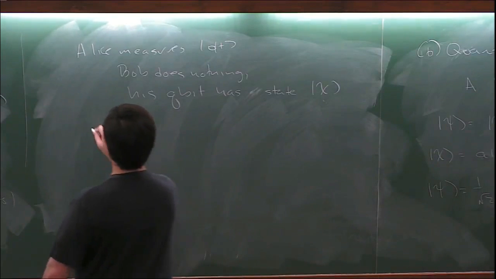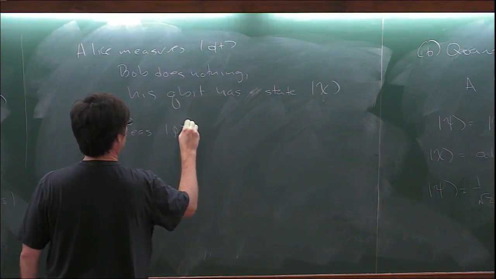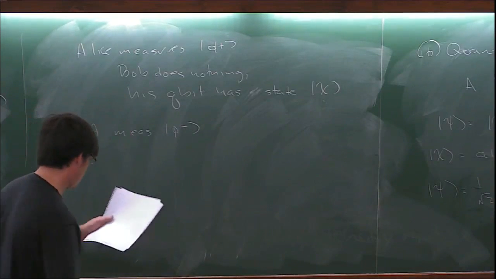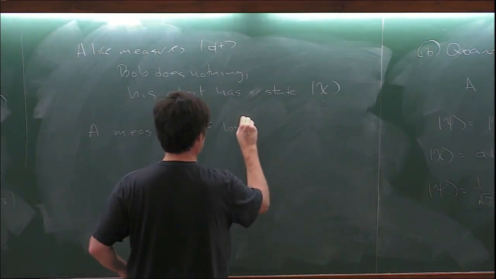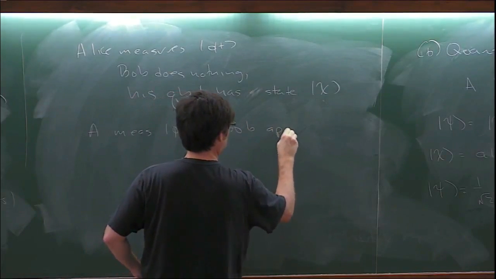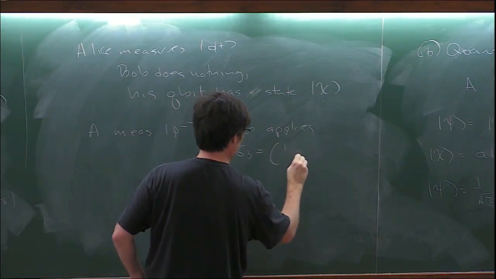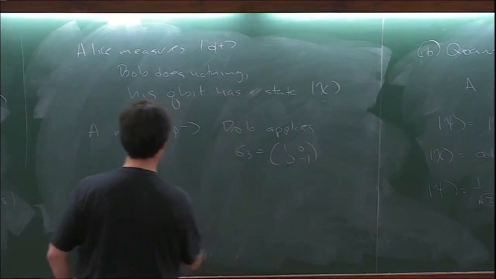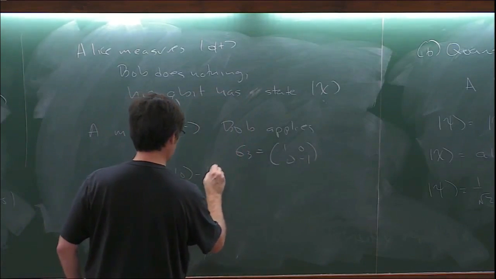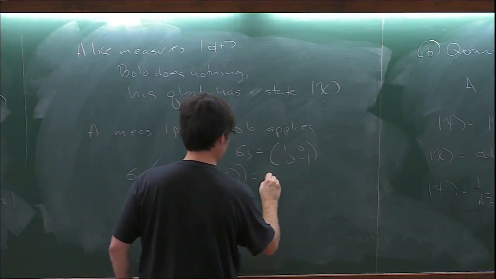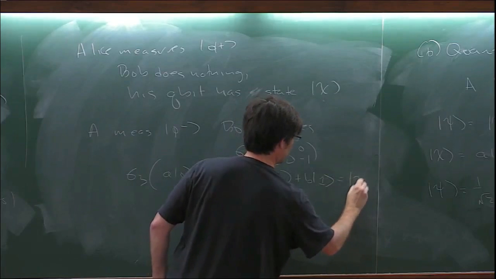Now, if Alice measures phi minus, she sends that result to Bob, and then Bob applies sigma 3, and sigma 3 acting on a0 minus b1 is equal to a0 plus b1, which, lo and behold, is equal to chi.